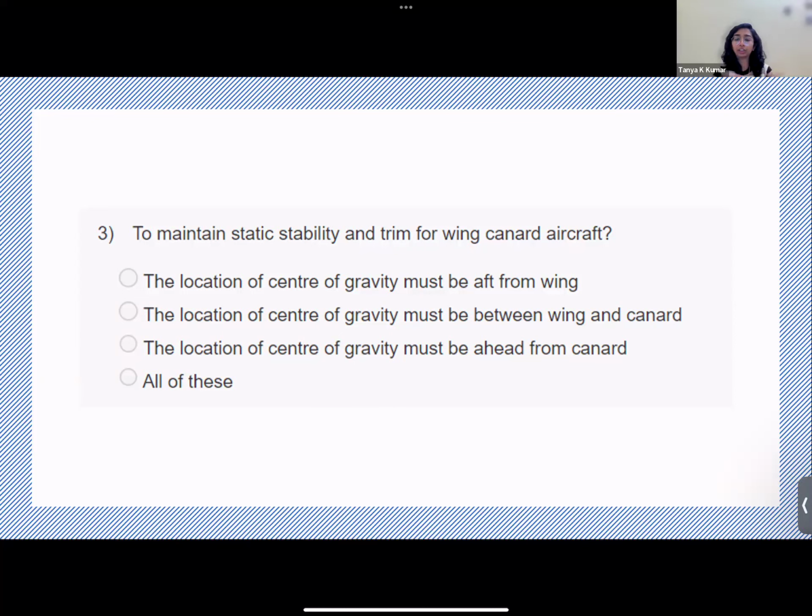Correct. So an aerodynamic surface ahead of the wings. So for such a configuration, a wing canard aircraft, what should be the condition to maintain static stability? Read the options carefully and tell me the correct answer.